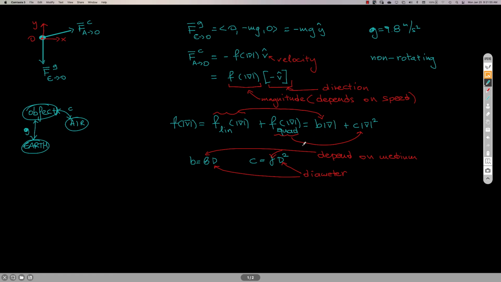So one thing that we can do is find the ratio of the two terms.